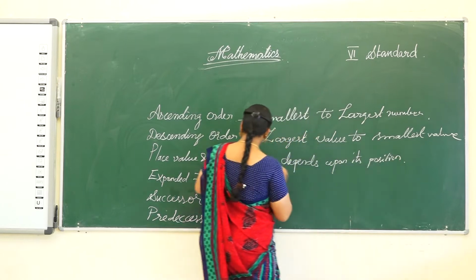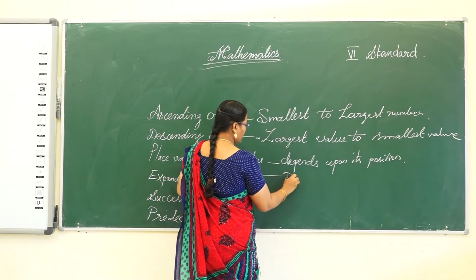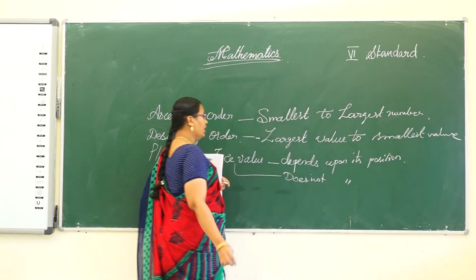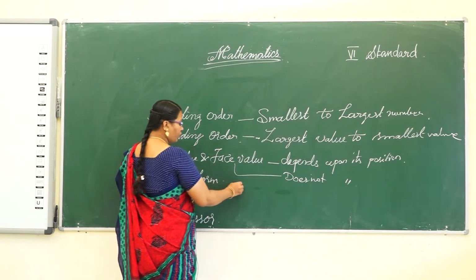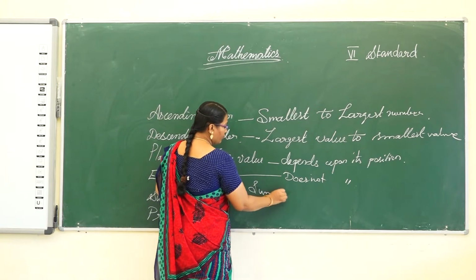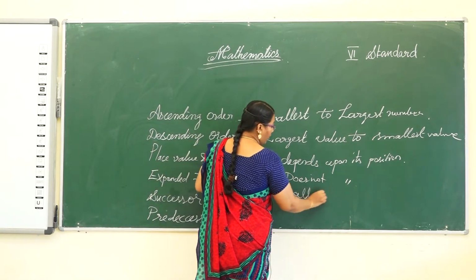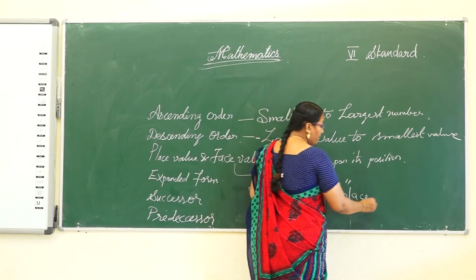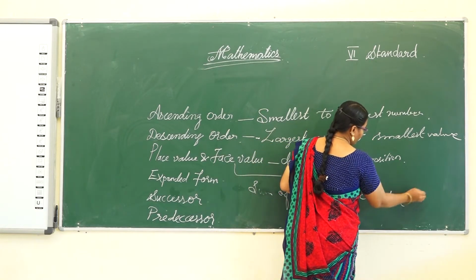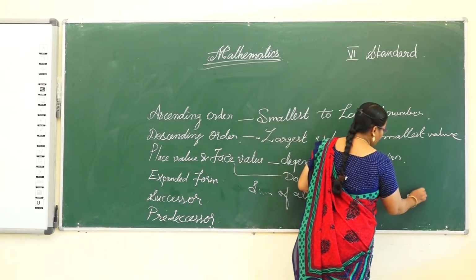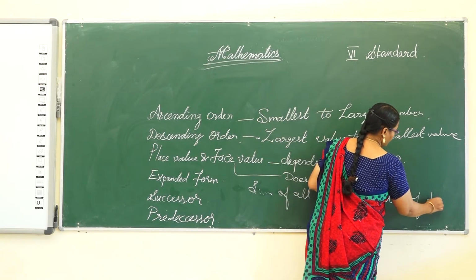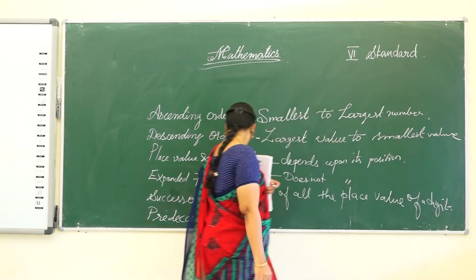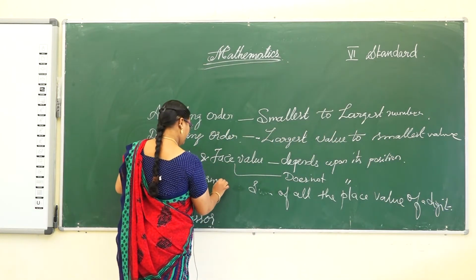And face value does not depend upon its position. And expanded form is the sum of all the place values of a digit.